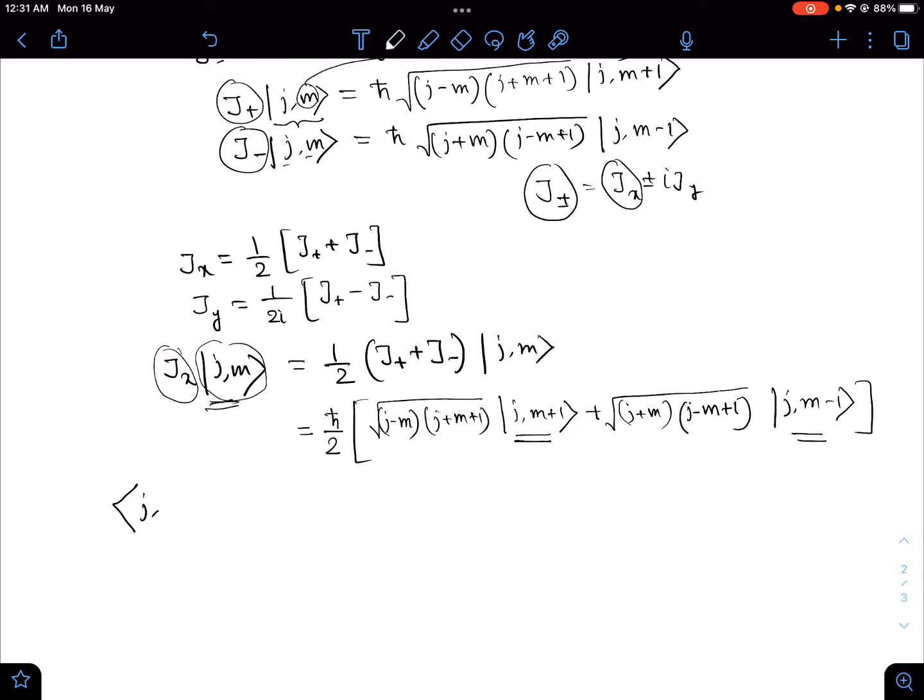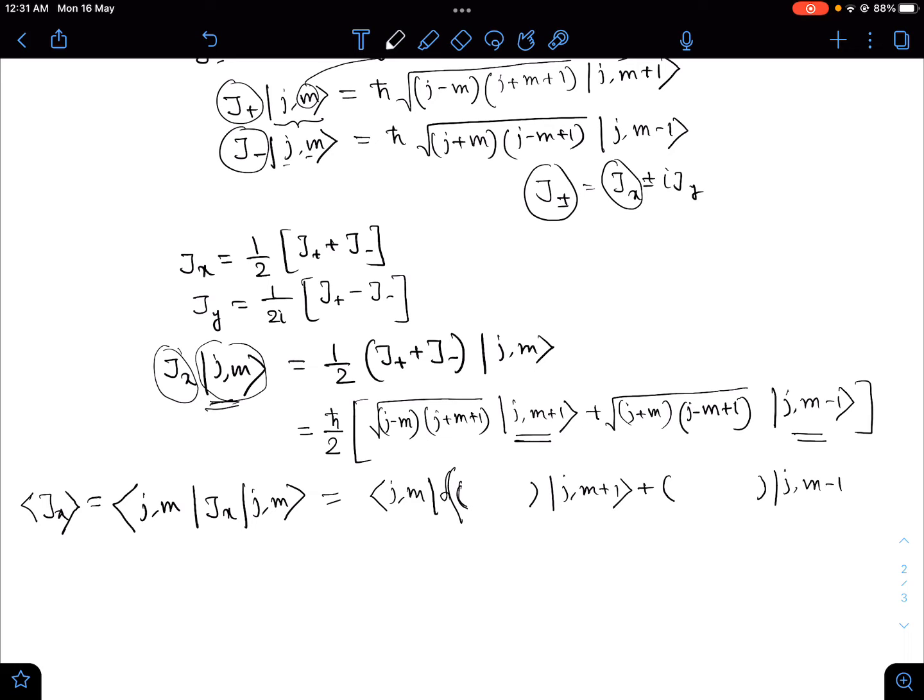So what will be ⟨jm|Jx|jm⟩? That means the expectation value of Jx. It will be ⟨jm| with a coefficient times the state |j, m+1⟩ and another coefficient times |j, m−1⟩. These |jm⟩ states are orthonormal, as in the case of the harmonic oscillator. These basis states are orthonormal.